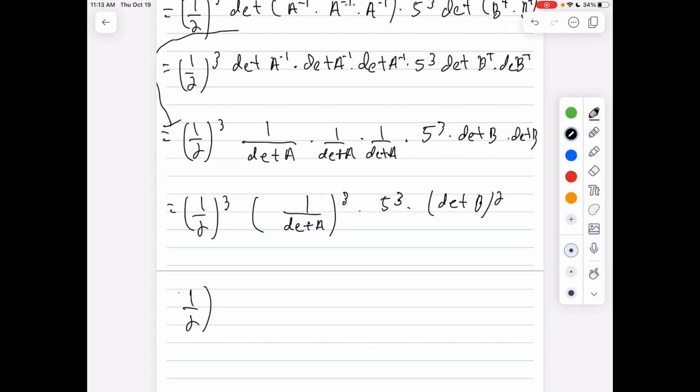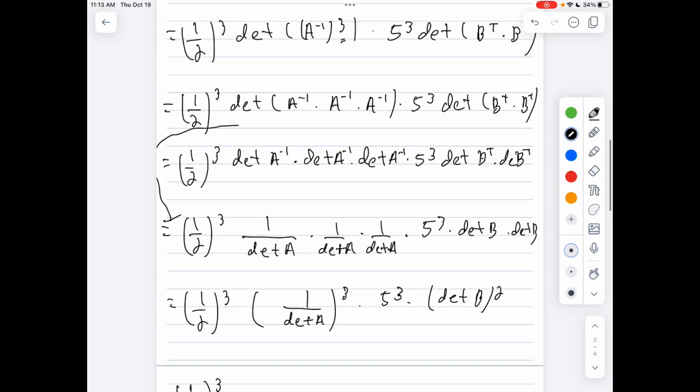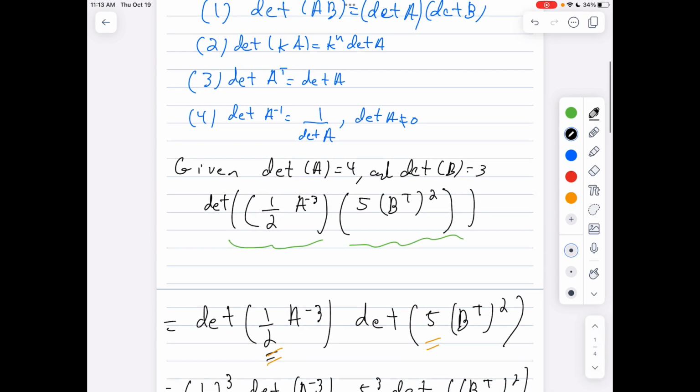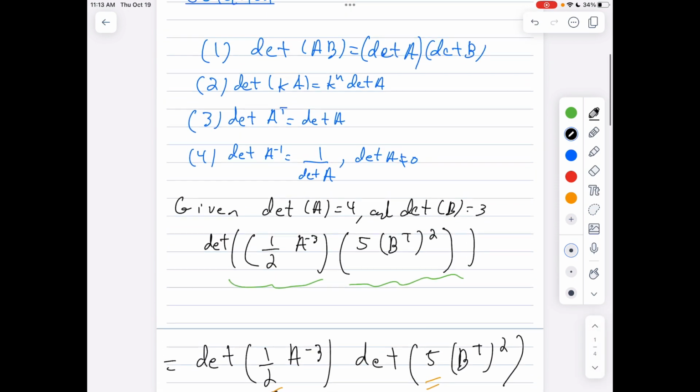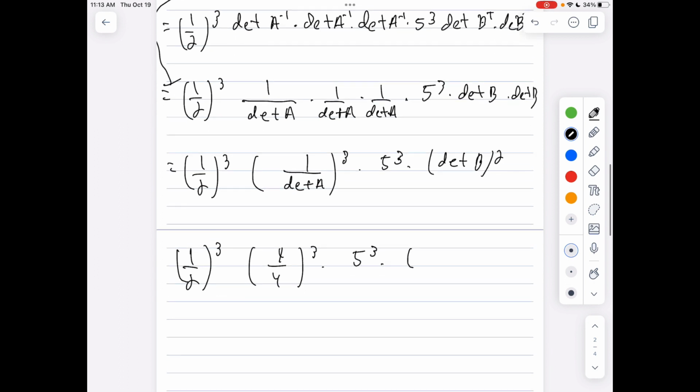All right, and then I'm just going to plug my numbers in. I was given what the determinant of A was in the problem, that was 4. So this would be 1 over 4 to the third, and 5 to the third, and then the determinant of B, I believe, was just 3. Okay, and there we go. And you basically would just compute this out.